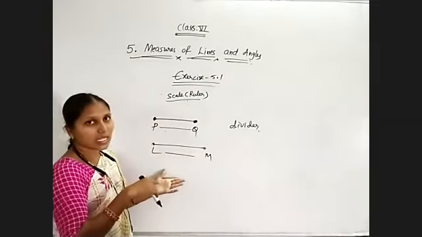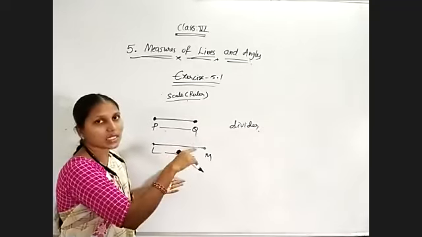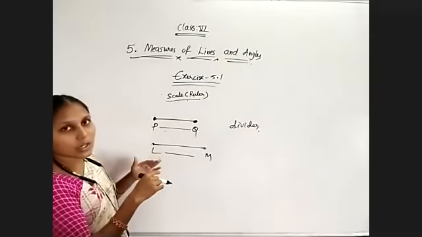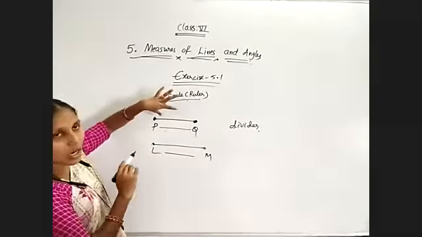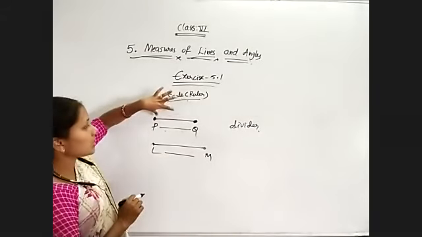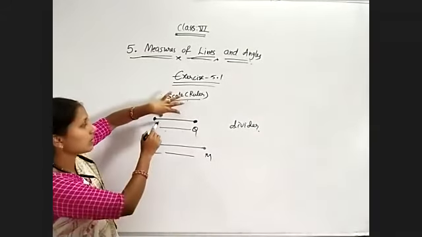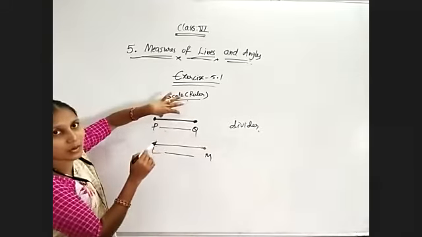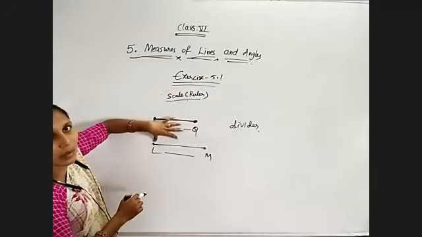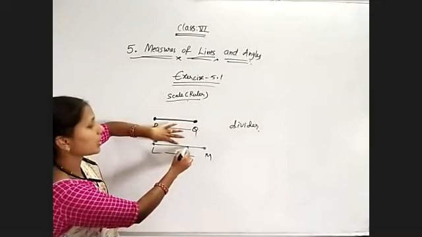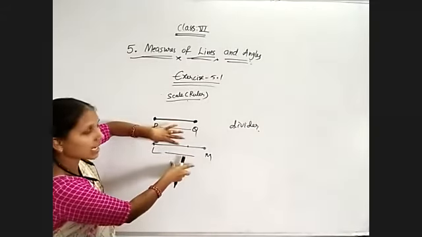So it is a very lengthy process compared with the divider. When we use the divider, we will not measure any length. We will just place the divider on PQ and check it with LM. If PQ falls inside, that means LM is more.